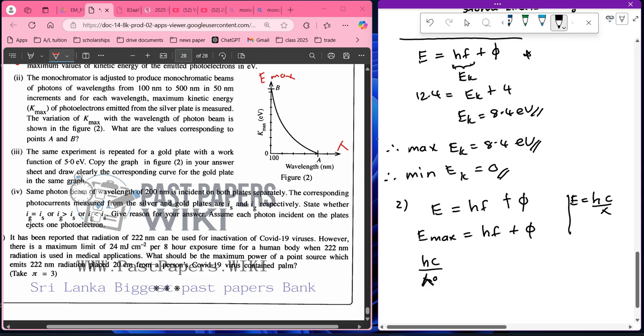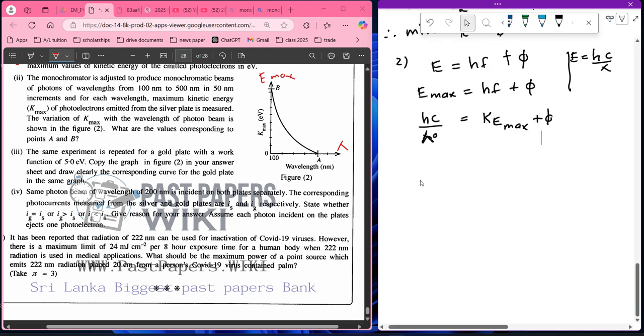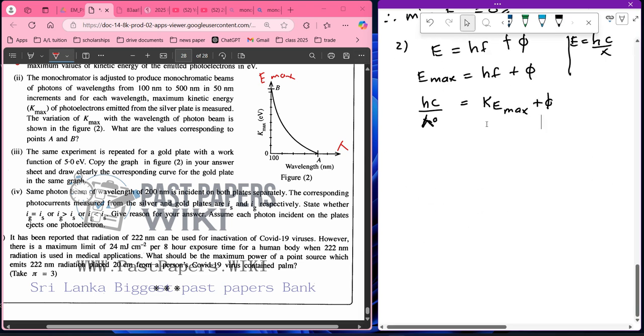And thereby this is the kinetic energy Ek max and the psi. So the maximum kinetic energy equals hc divided by lambda naught minus psi.